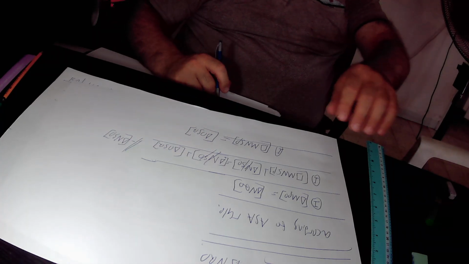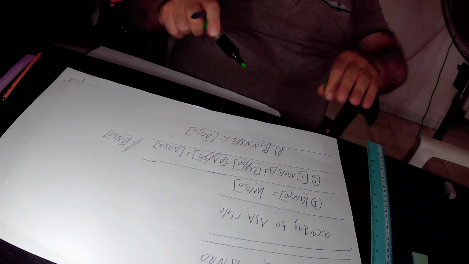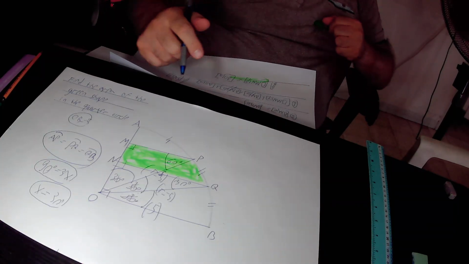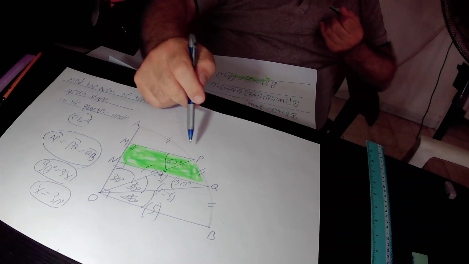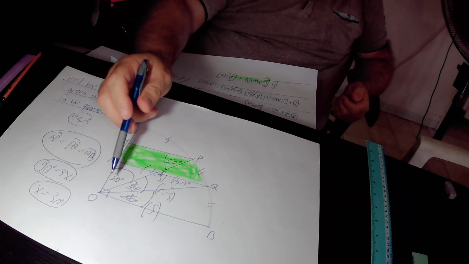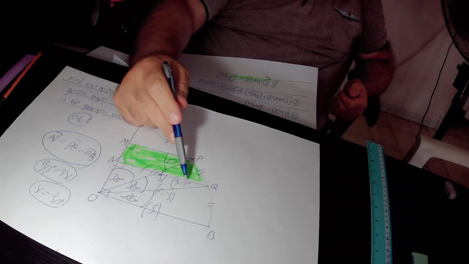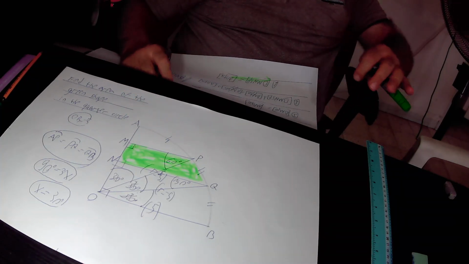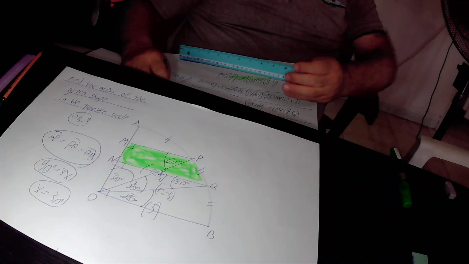Okay. So we found out that the area of this quadrilateral MNSP is equal to the area of this triangle OSQ. Our mission is to find out the area of this green shape. So what is the area of the green shape?